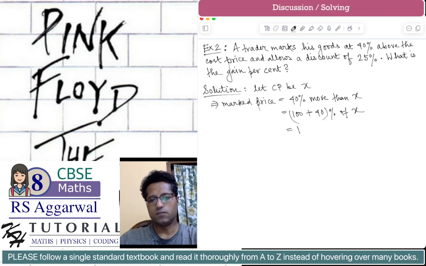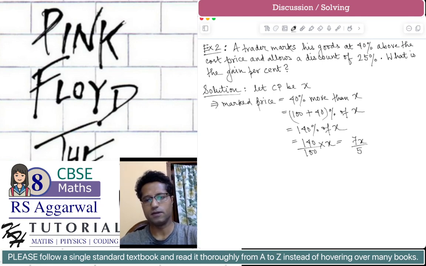This is equal to 140% of x, which is 140 divided by 100 multiplied by x. If you simplify 140 by 100, it is 7 by 5, so this becomes 7x by 5. Okay, so this is the mark price, 7x by 5, where x is the cost price.